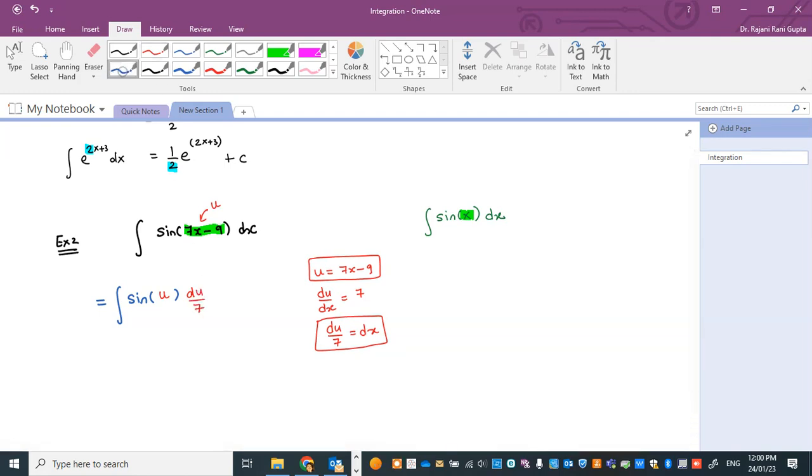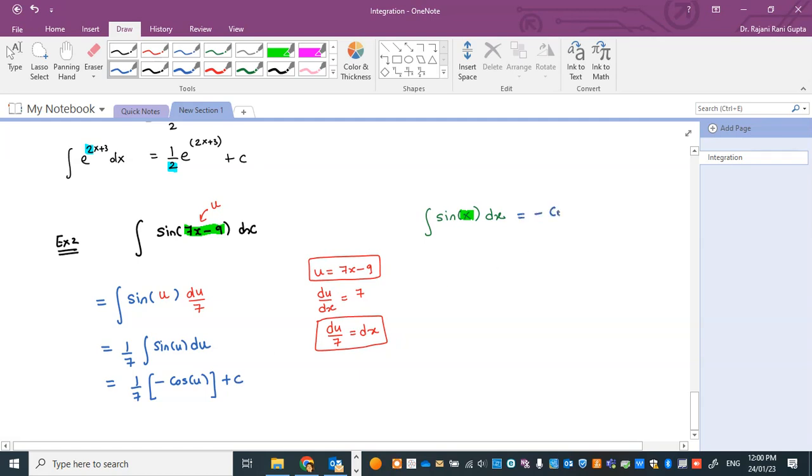Again, 7 being constant, we can take it outside the integral sign and we can write sine of u du, which is equal to 1 over 7 times the integral of sine of u, which is minus cosine of u plus c. Because we have used this formula, this says minus cosine x plus c.